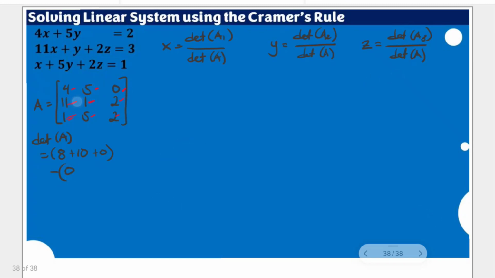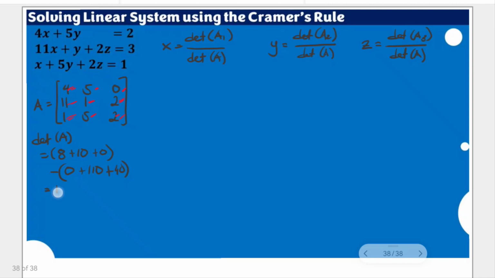Next, 5 times 11 times 2. That's 55 times 2, so you will get 110. Next, you will have 4 times 5 times 2. That's 20 times 2. You will have plus 40.